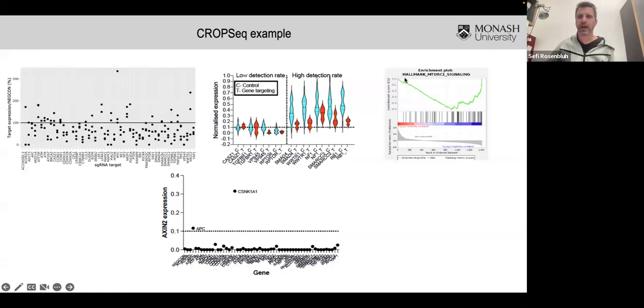But if we look at the gene expression changes, the signatures mediated by sgRNAs knocking out Raptor are consistent with a hallmark of mTOR signaling, which is what you would expect to see. Similarly, with casein kinase 1 alpha, we don't see very good knockout. But when we look at the expression signatures, we look at axin 2. Casein kinase 1 alpha is a known regulator of the Wnt beta-catenin pathway, and we see overexpression of it.